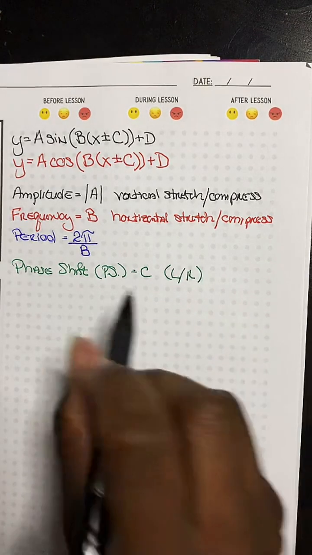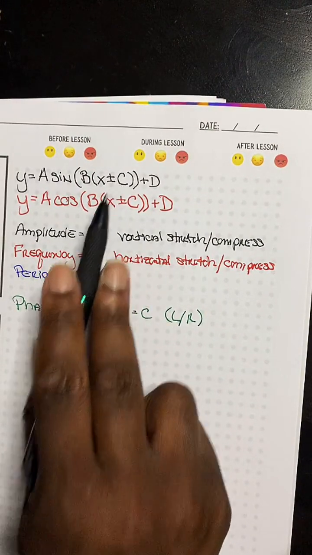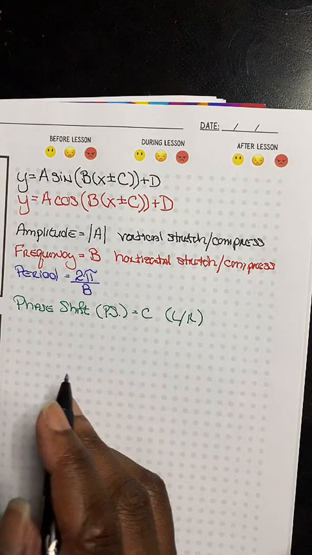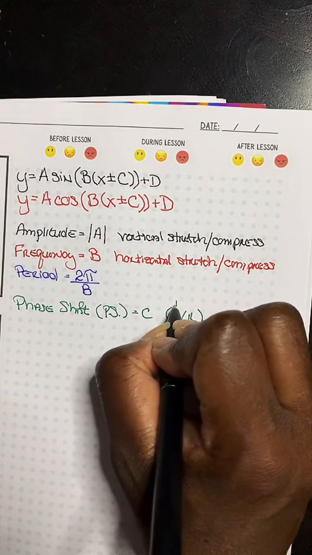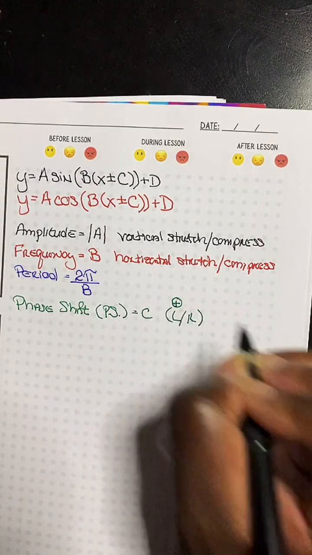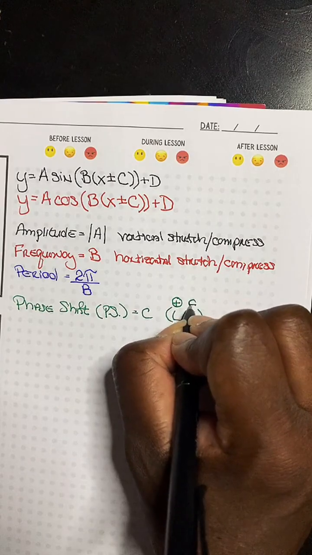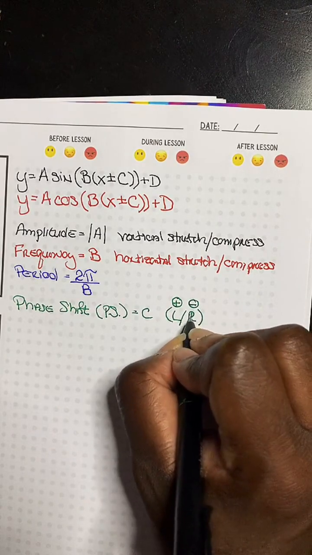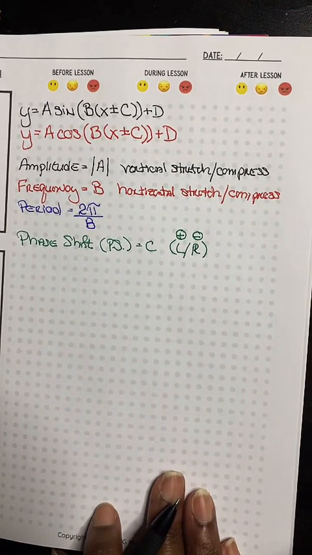Now, your C value is inside the parenthesis. You always want to go opposite of what you see. If you see a plus sign, you're going to the left. If you see a minus sign, you're going to the right. You always go opposite of what you see.